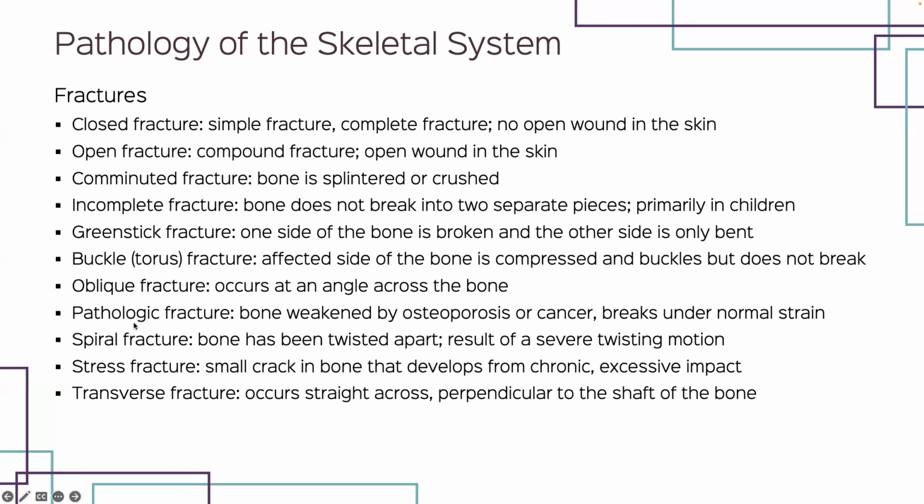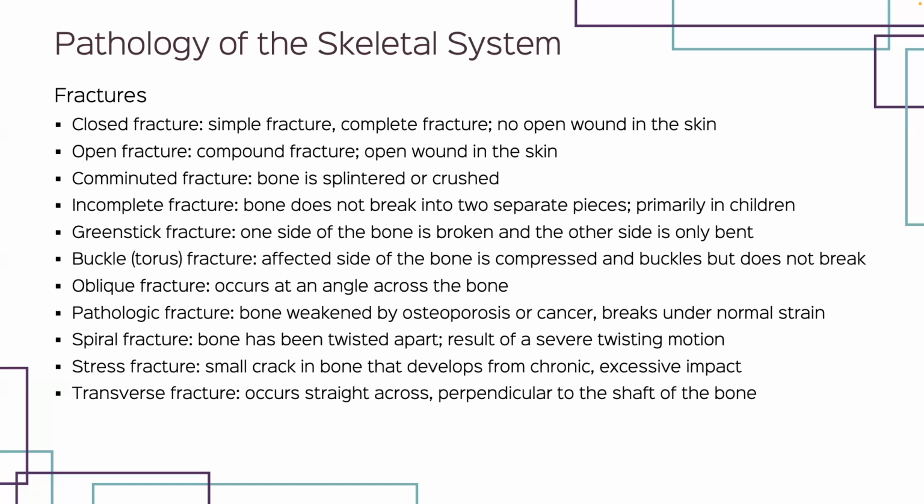And then the other big ones that we'll see are the pathologic fractures. So if someone has osteoporosis or cancer or something that weakens the bone, let's say I am a very klutzy and ditzy person and I may or may not hit my shoulder or my arm on the door frame all the time as I walk through.